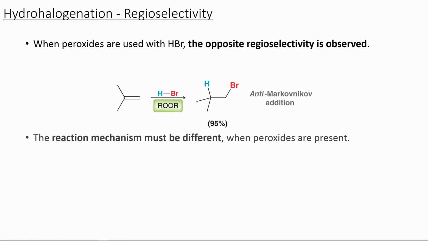So because we're getting a different product based on the presence of peroxide, it must be a different mechanism that the reaction is undergoing. And we're going to look at both of these mechanisms, one in this chapter and we'll look at this specific peroxide mechanism in the future when we learn more about this type of mechanism.